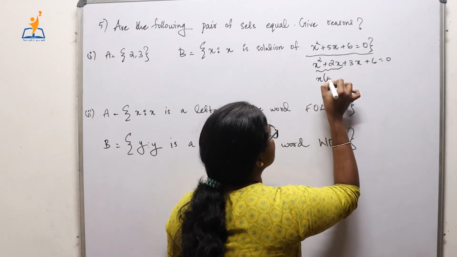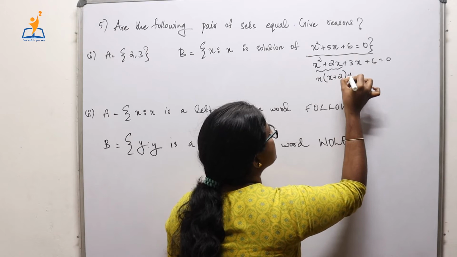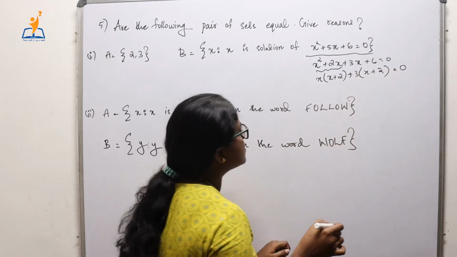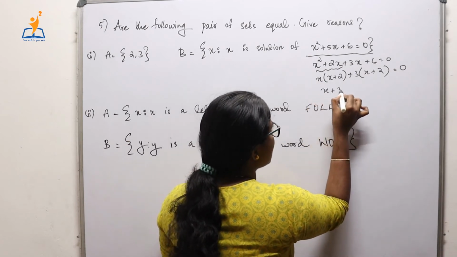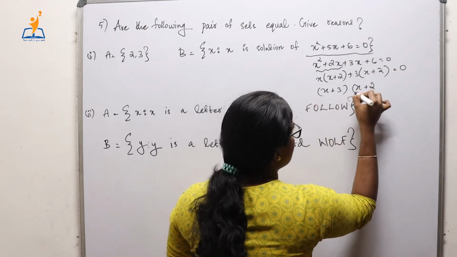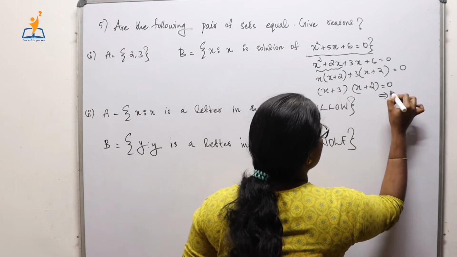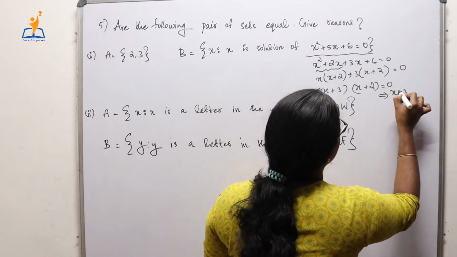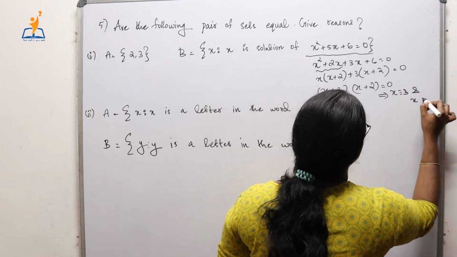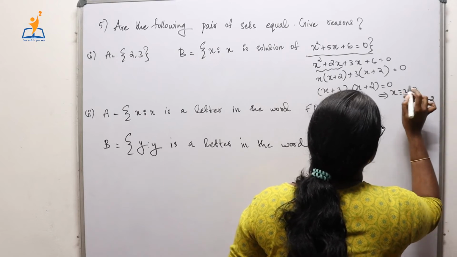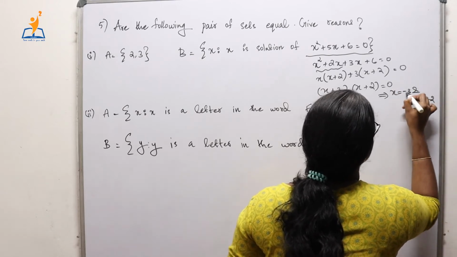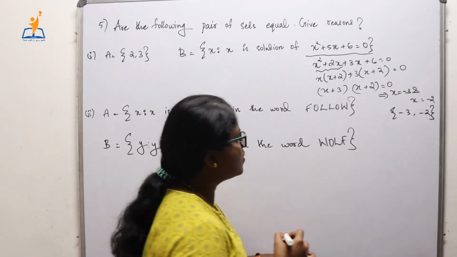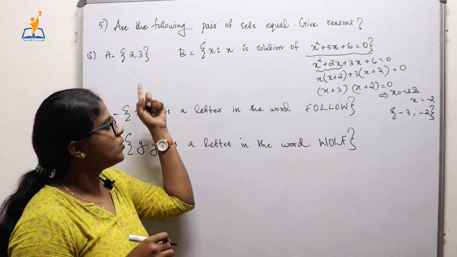Now we have x into x plus 2, and plus 3 common here, x plus 2 again here, equals 0, which means x plus 3 into x plus 2 equals 0, which implies x is equal to minus 3 and x is equal to minus 2. So we have the solution set as {minus 3, minus 2} and here we have {2, 3}.